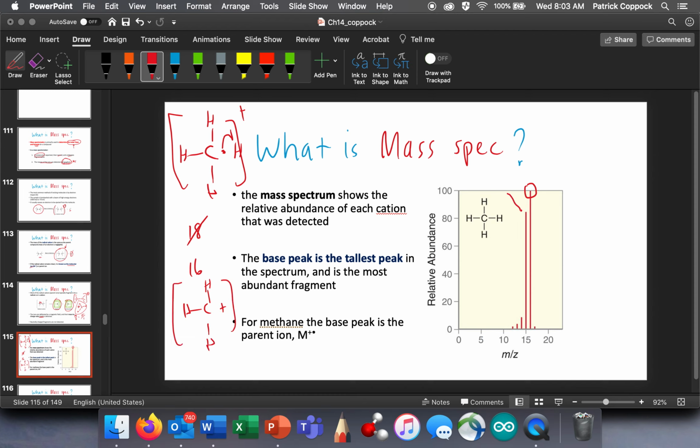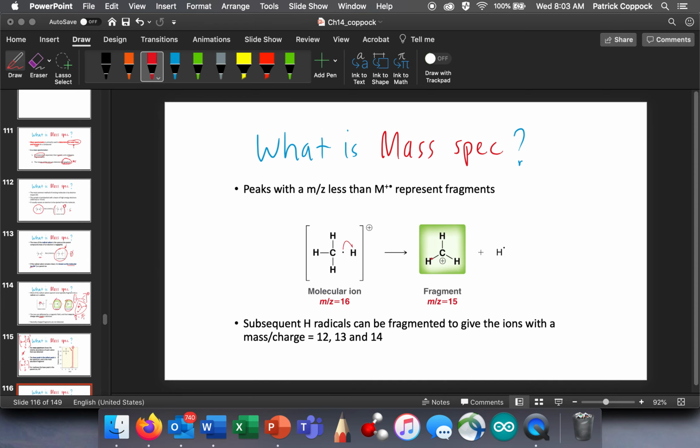And that's represented by that peak, okay? So this can keep going. I think I've got that in the next slide. So this is the m over z equals 15 peak, right? But this can keep going, where you might have another fragmentation here of another hydrogen atom that comes off. Hydrogen radicals can keep coming off of here and making smaller and smaller pieces, right?